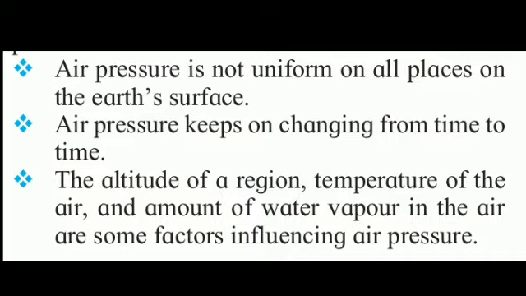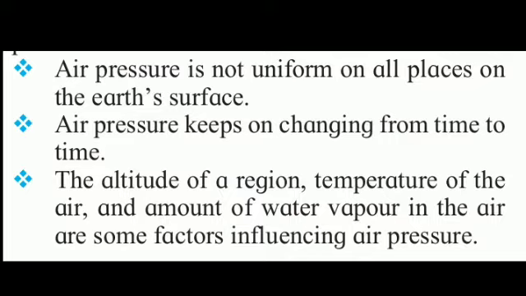Temperature of air and amount of water vapor in the air are some factors influencing air pressure. Underline this, student: altitude of a region, temperature of the air and amount of water vapor. These are the three things which affect the air pressure. Now let's see the explanation.